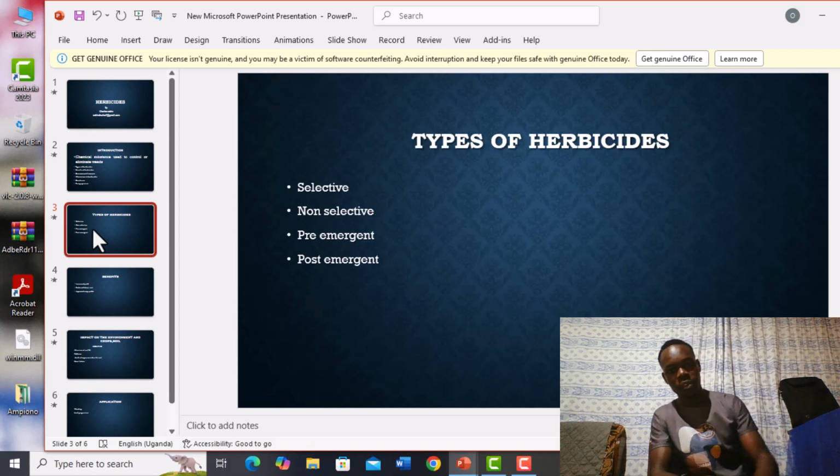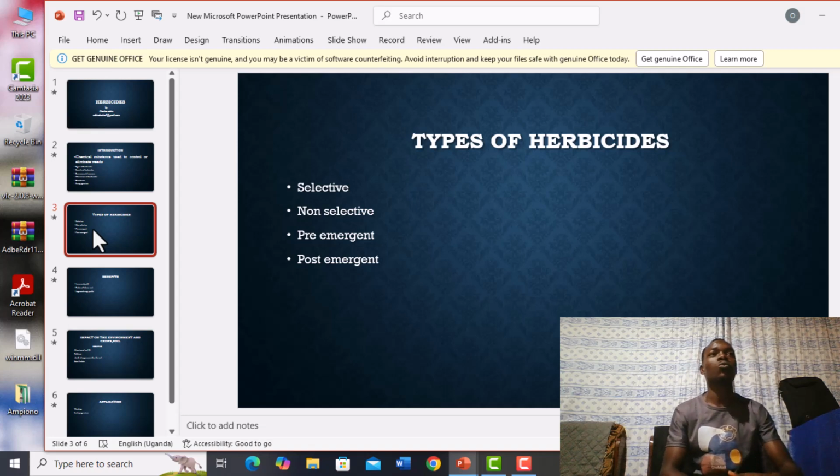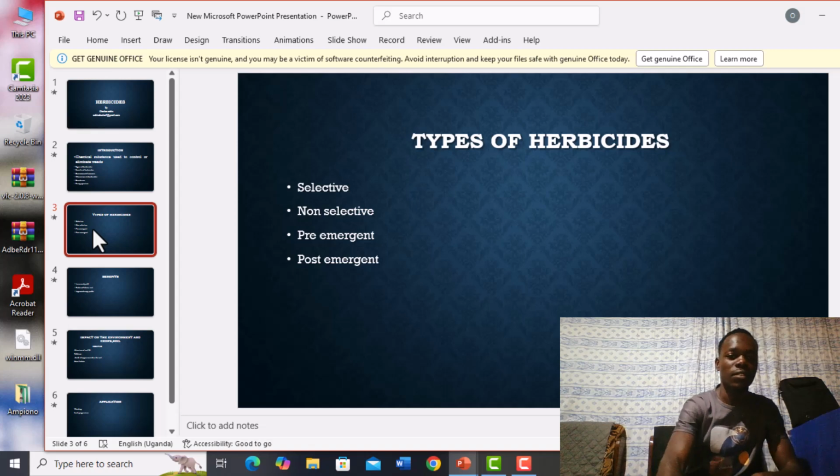This one prevents germination of the weeds, and the post-emergent are those applied to the weeds that have already germinated, and even to the crops that have already germinated. So the pre-emergent herbicides can be selective or non-selective, as well as the post-emergent herbicides can also be selective and non-selective.